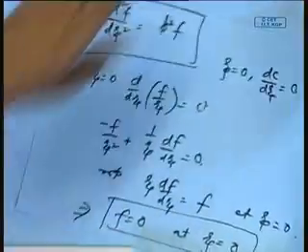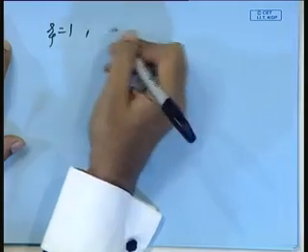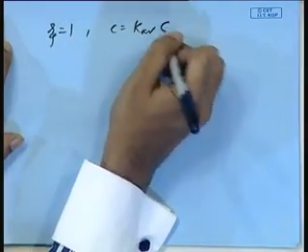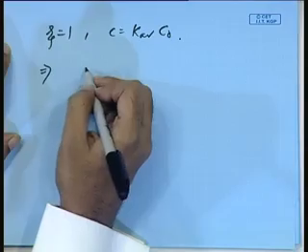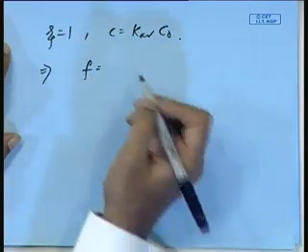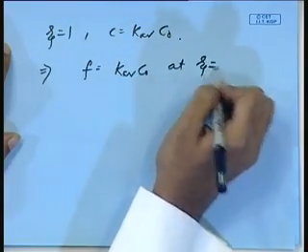The second boundary condition, what was that? Psi equals 1, c equals kv c naught, which means that f equals again the same kv c naught at psi equals 1.